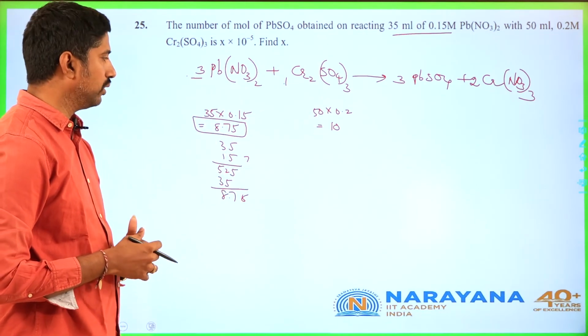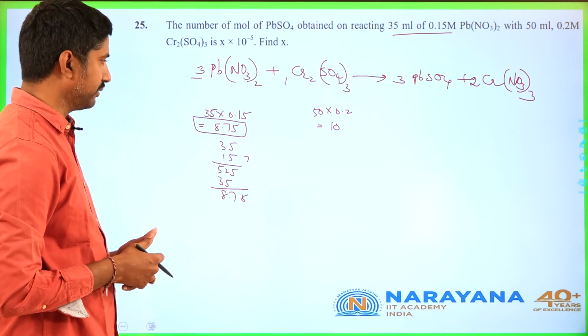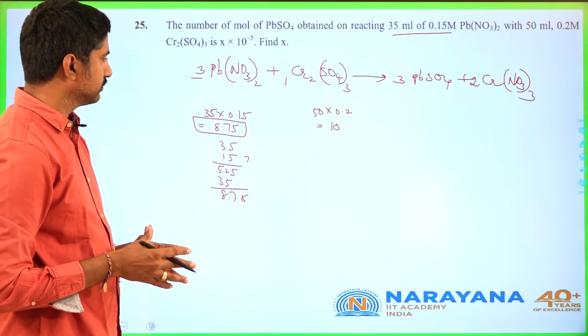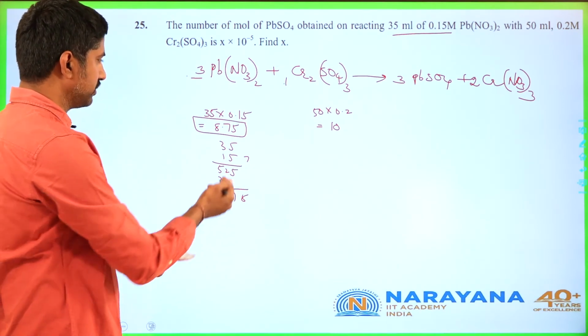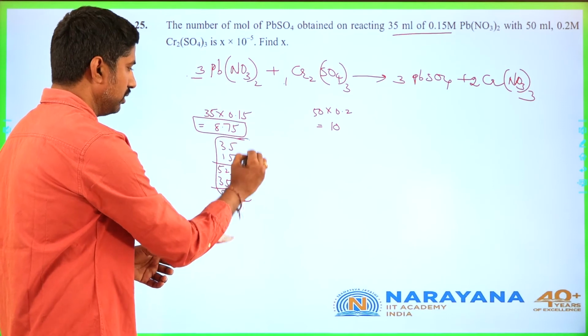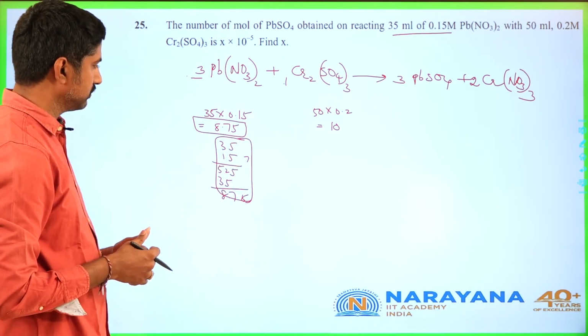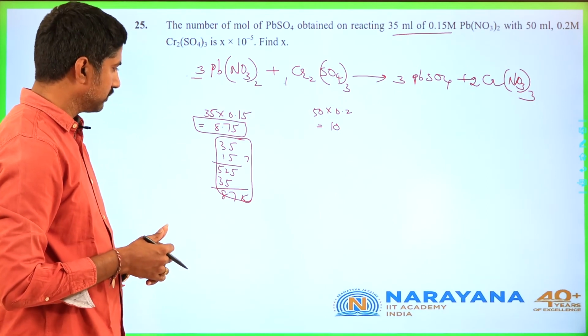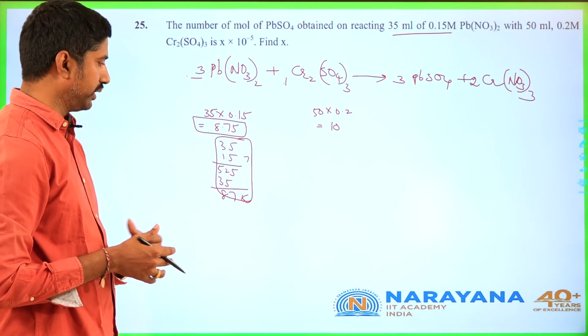But here we have only 8.75. Just check the simple calculation errors. Simplify the values. Okay, so this is the value we can write.